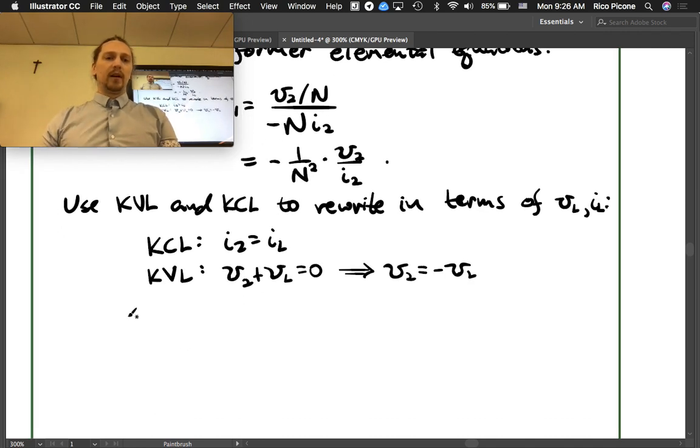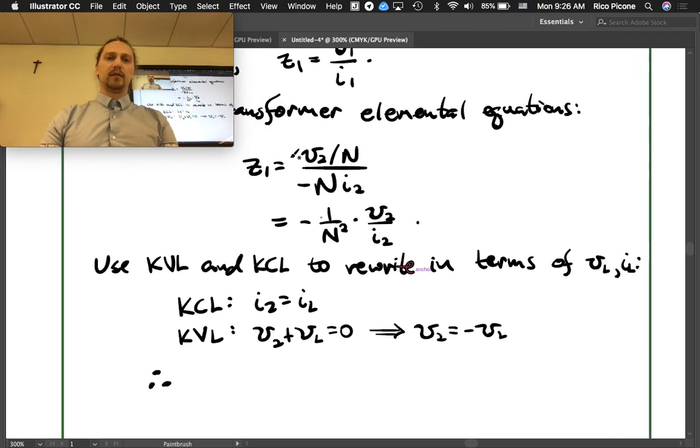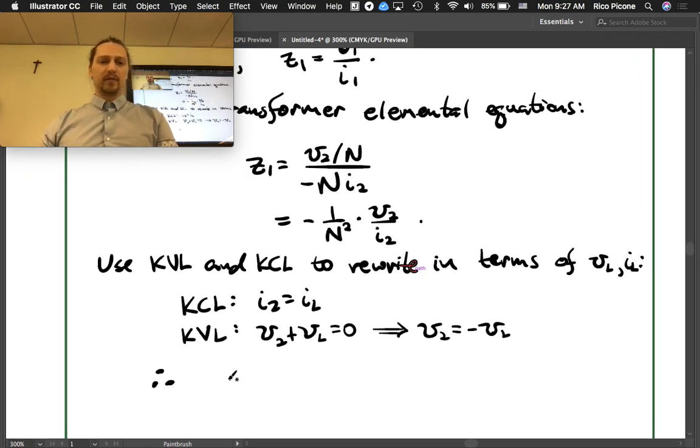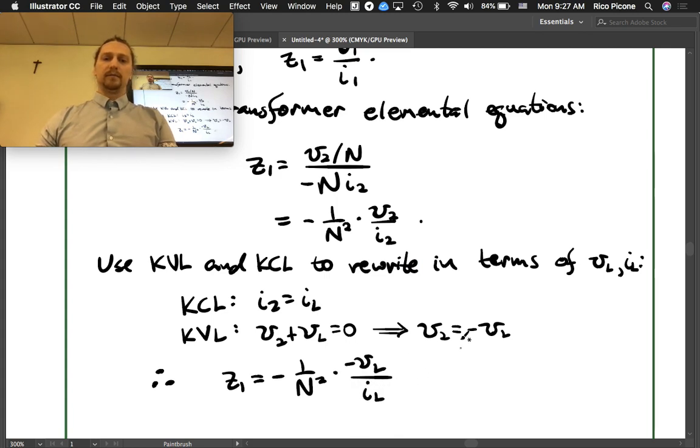So therefore, going back to our Z1 equation, Z1 equals, still have the negative 1 over n squared times, now we're going to have negative V2, which is negative VL, and IL.